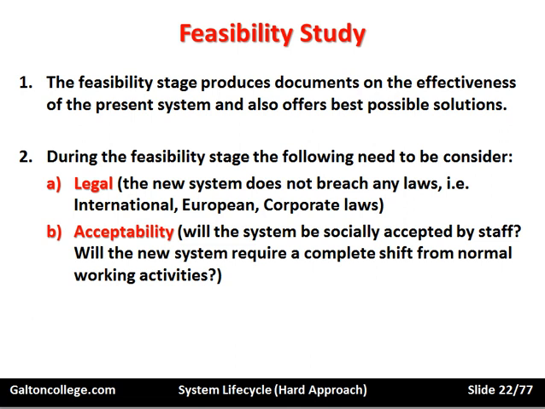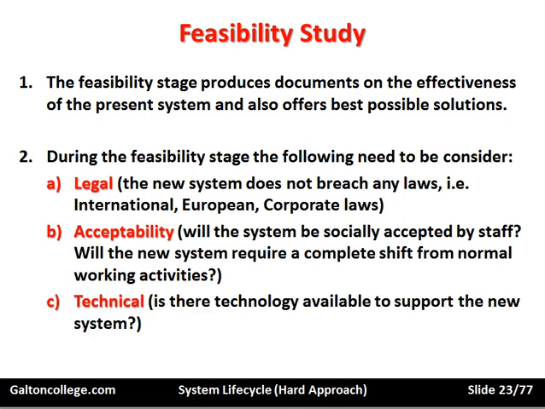If the new system is a radical shift in their working practices, that may conflict with their family lives. It may conflict with the way they live. It may not be acceptable to them. So it's important that in devising new systems, the managers and the workers who implement the new system find it acceptable.